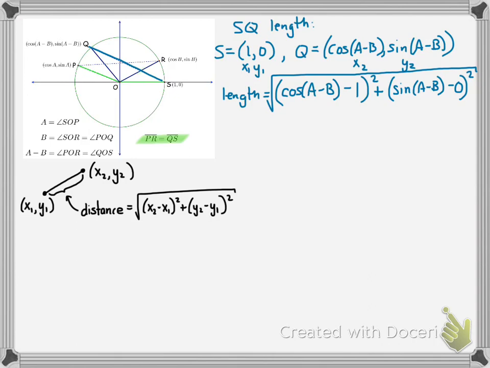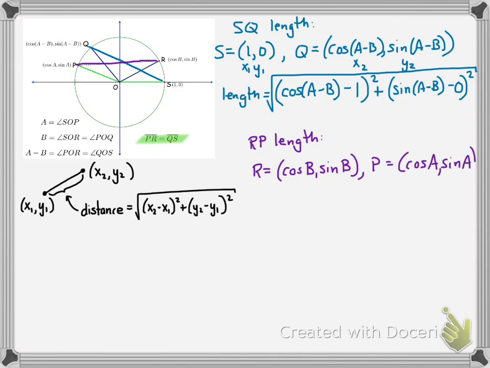We also want an expression to describe the distance between R and P. When I look at the length of RP, the two points that I have are point R, which is (cosine of B, sine of B), and point P, which is (cosine of A, sine of A).